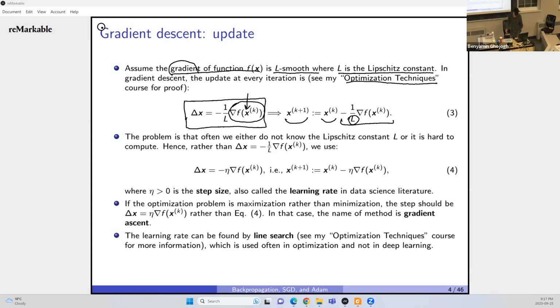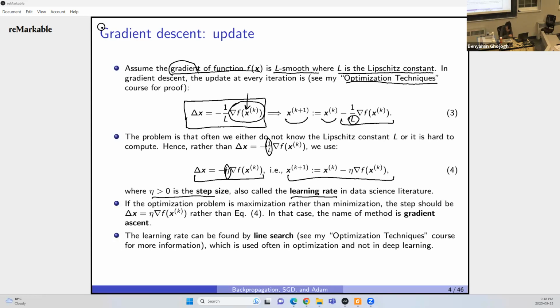Therefore, let's replace 1 over L with some eta. Let's approximate. Then delta x becomes minus eta times the gradient of f. We call this eta the step size, also called the learning rate. So, as I said, we are approximating gradient descent by replacing 1 over L with eta.